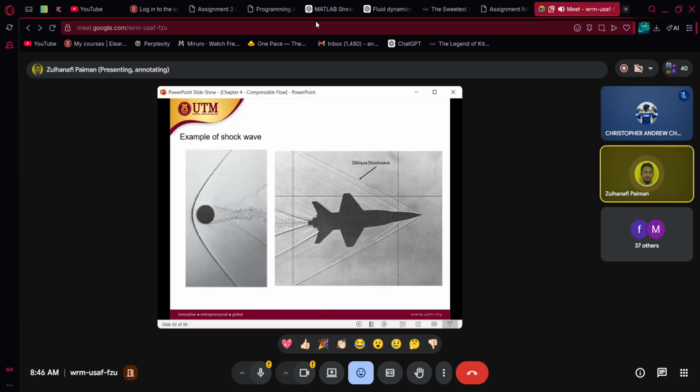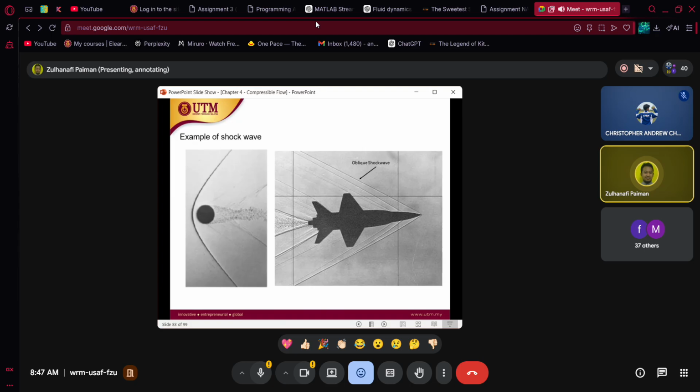I think many experiments have been done. They use pistols and release the bullets, and they capture videos in slow motion, and they see clearly the formation of this normal shock wave. That is very interesting to see.